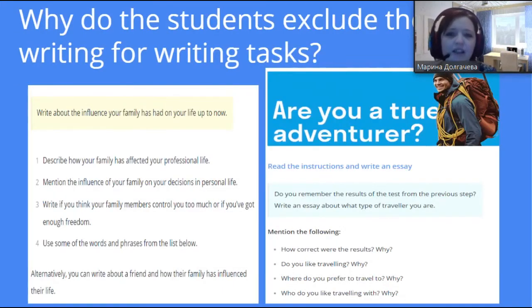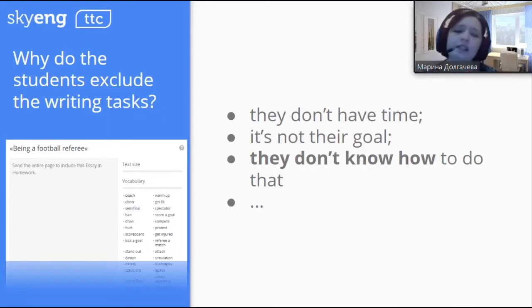So actually that is the moment that we need to bear in mind when answering the question why our students exclude the writing tasks from their homework assignment. Of course, there might be some students who really do not have time for that, and writing is really time consuming.